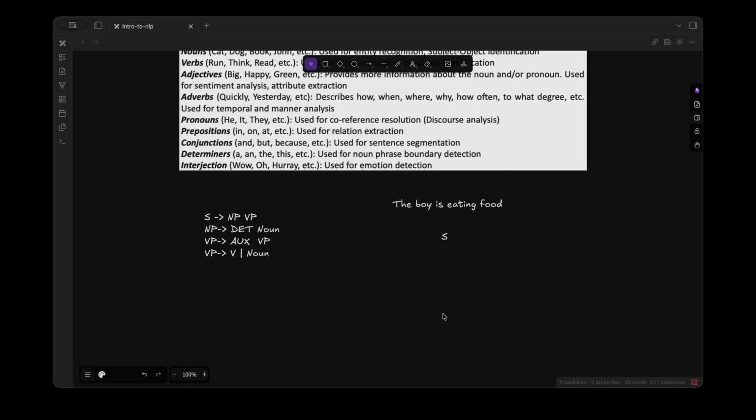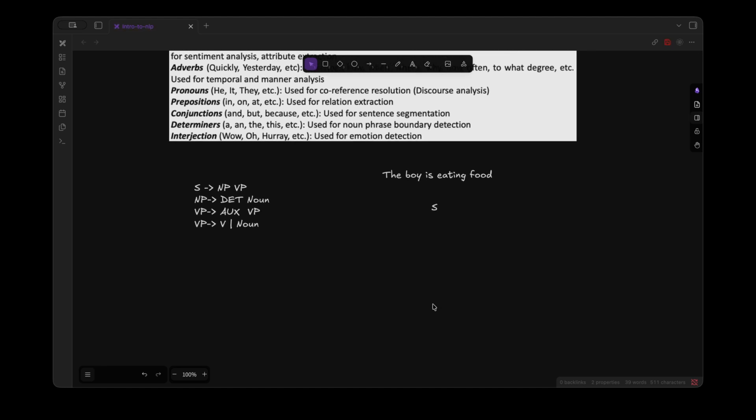If I write something like S, from that S I can create a noun phrase and a verb phrase. From the noun phrase, I can get a determiner and a noun.